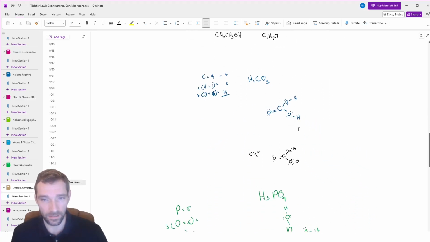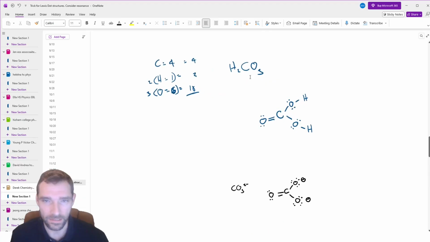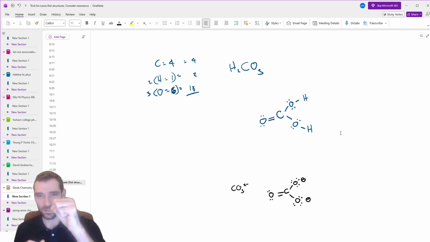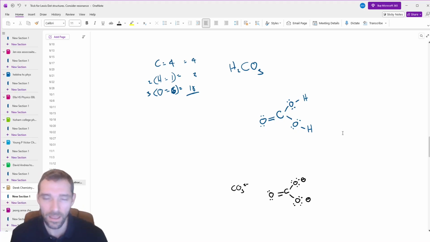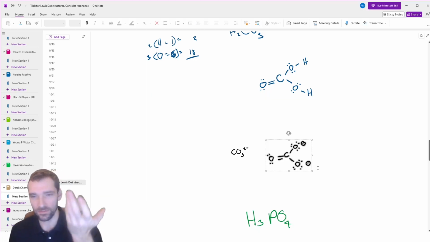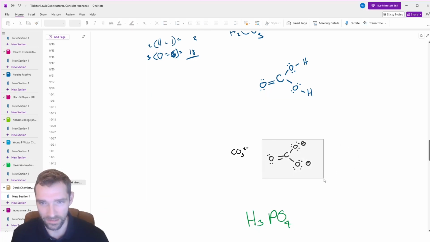Then we talked a bit about, in my opinion, the best tip in the video. Things like this molecule right here, carbonic acid, can be difficult for people to figure out when they are first doing these types of problems because they want to have the oxygens chained to each other, like having one oxygen and another oxygen. But if you consider the carbonate ion, the thing once it gives off 2 hydrogens, that has resonance in it.